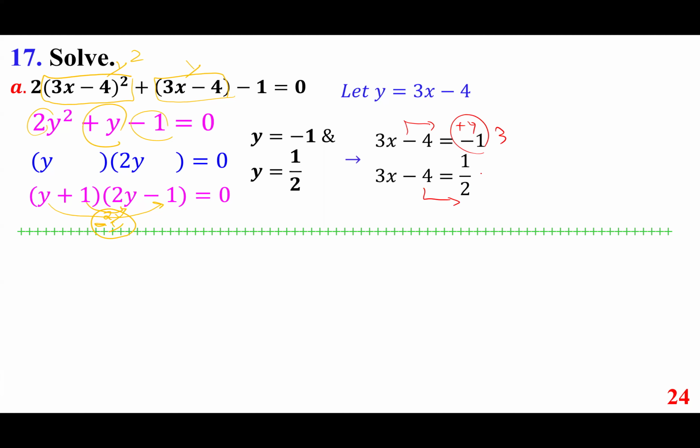Move this, make this 9/2. This one you divide by 3, you get 1. This one you divide by 3, you get 3/2. So 3x equals 3, 3x equals 9/2, x equals 1, x equals 3/2.